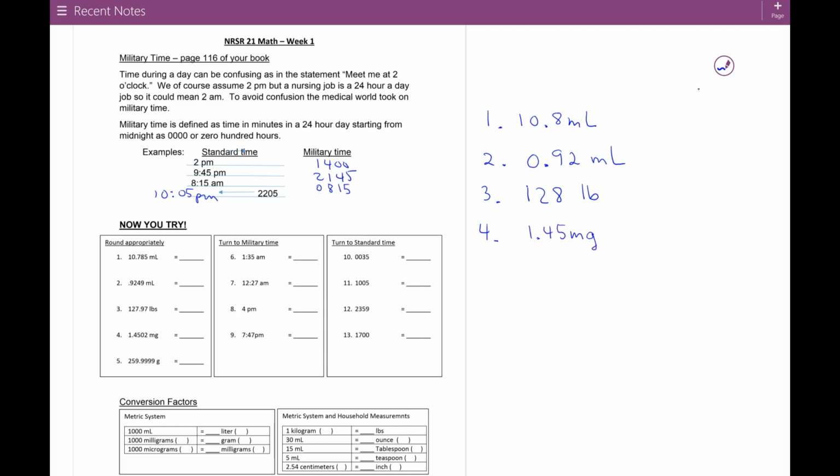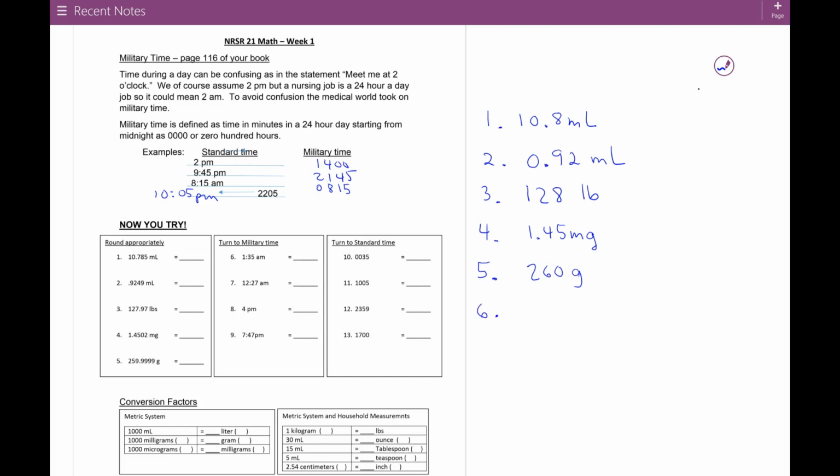We round to the nearest thousandth, which would be 1.450, but again, the trailing 0 rule says don't write that last 0. And number 5, we would have 260 grams, because it rounds off. If you round at all, it's going to round to 260, then it would be 0.0, but we don't want that 0.0 for confusion. We don't have the trailing zeros.